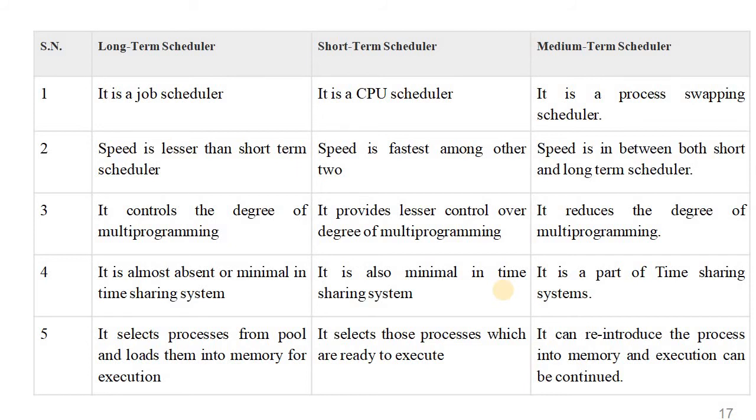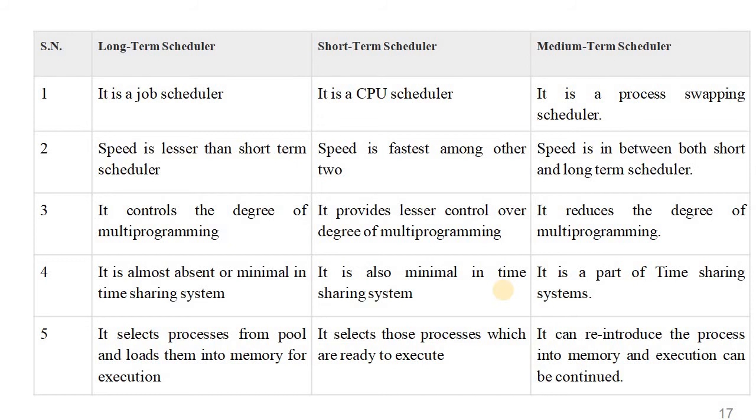Number 3, it controls the degree of multi-programming. The short-term scheduler has lesser control over the degree of multi-programming. The mid-term scheduler also reduces the degree of multi-programming, as I have already told you. Number 4, it is absent or minimal in the time sharing system.